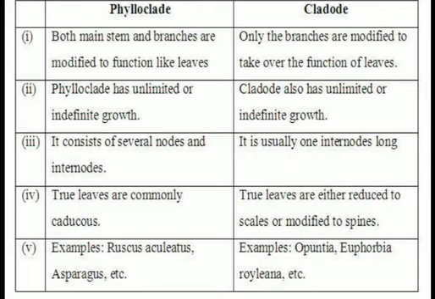That is, here the branches and the stems are modified in such a way that they take over the function of the leaves. I must tell you that this modification occurs in the xerophytic condition, desert condition, where the water is very low and the leaves are reduced to spiny outgrowths in order to reduce the process of transpiration, and the photosynthetic function is taken by the stem, which may be modified in the form of phylloclade or the cladode.